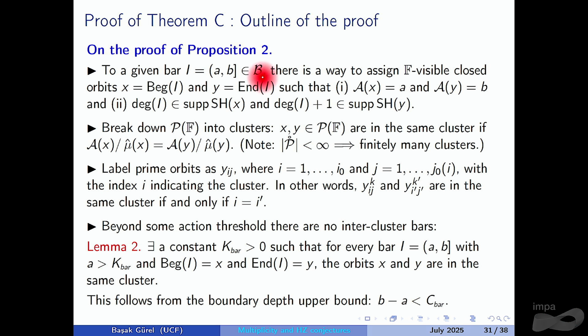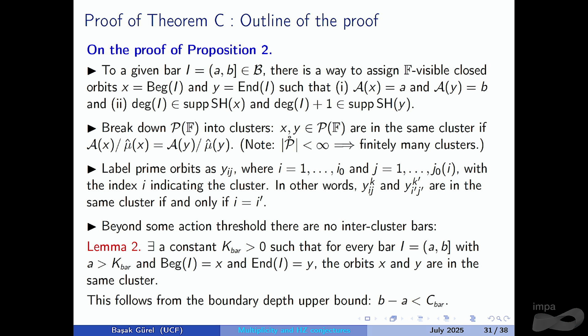Again, if this bar exists in the barcode, there has to be some orbit where the degree of this bar is in the support of the symplectic homology, and then plus 1 is going to be in the support in Y, and this orbit is going to have action exactly the beginning of the interval, and the end of the bar will be the action of some other orbit.